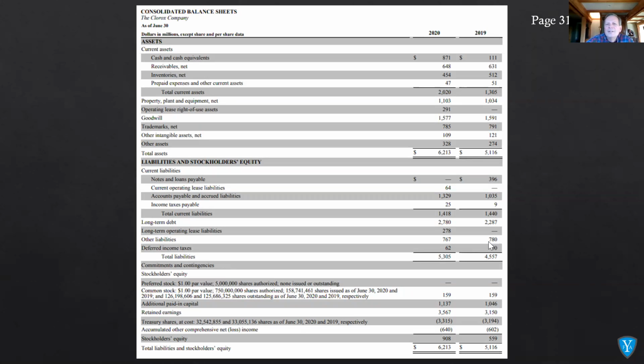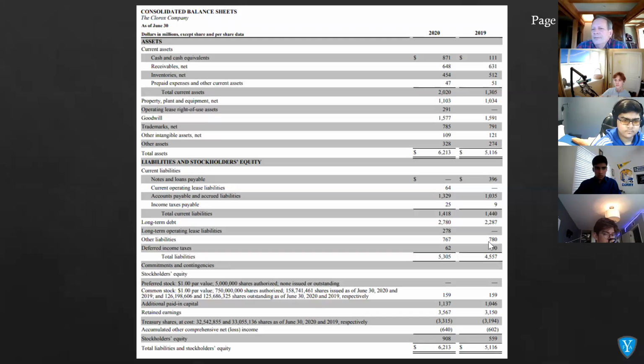That is equal to their total assets minus their total liabilities. Total assets of $6,213,000 minus total liabilities of $5,300,000 means that they have net equity that's owned by their stockholders of $908 million.